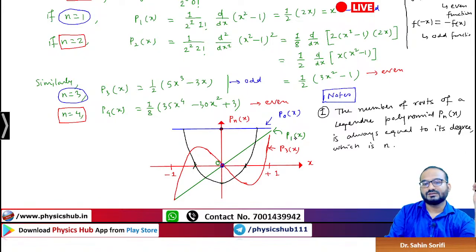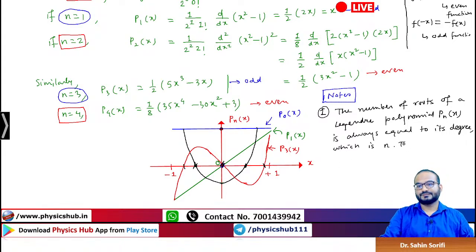N equals to 1, it is cutting at 1 point. N equals to 2, it is cutting the x axis at 2 points. You can see 1 point, 2 points. For n equals to 3, it is cutting at 3 points, 1, 2, 3. Cutting the x axis means the value of y is equal to 0. So the number of roots is always equal to its degree.